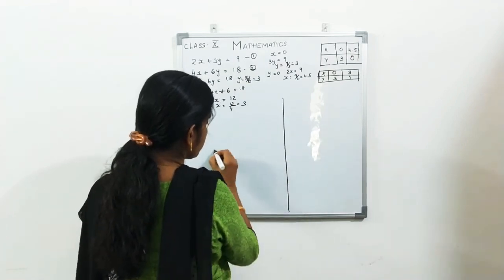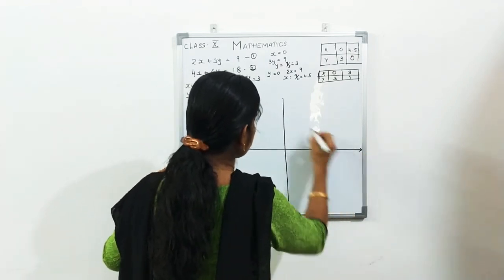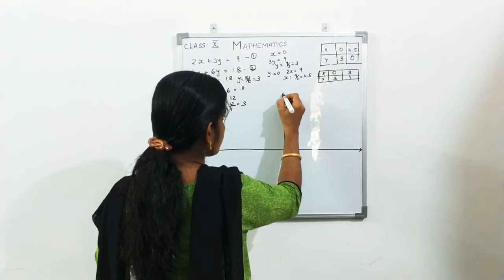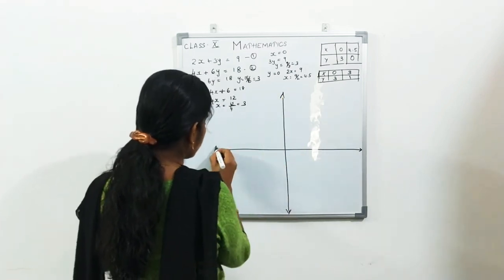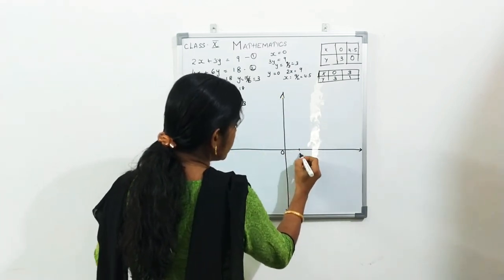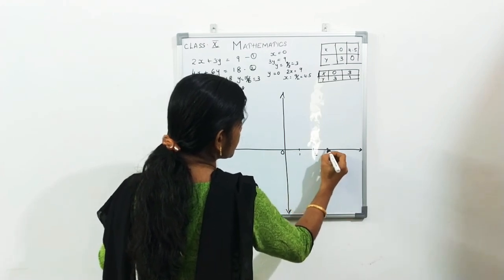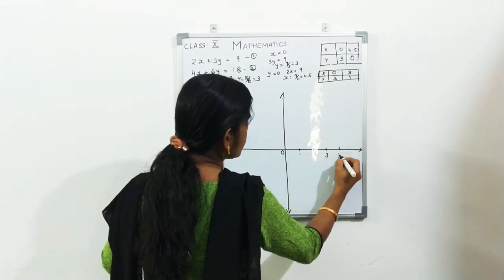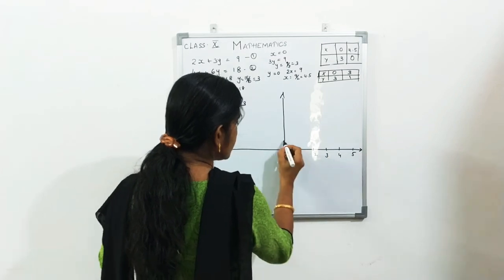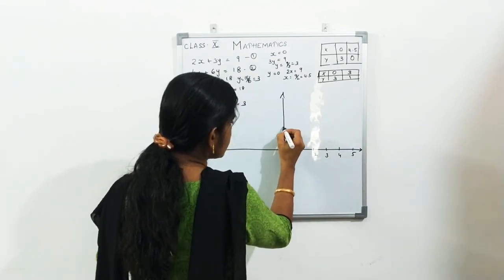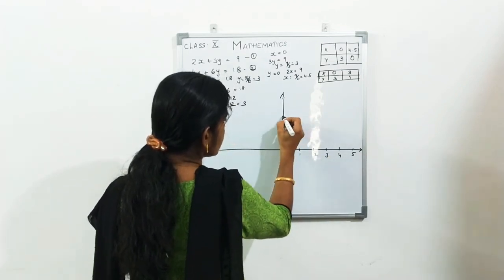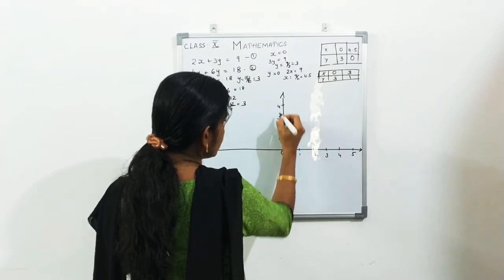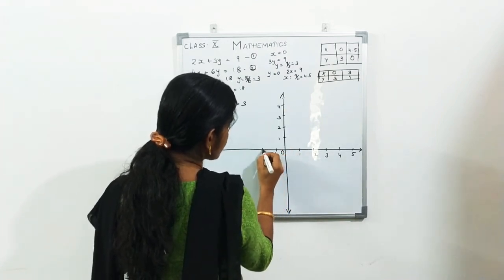Just look. This will be 0. Here 1, 2, 3, 4, 5. Here will be the positive values 1, 2, 3, 4. Here will be the negative x, minus 1, minus 2.